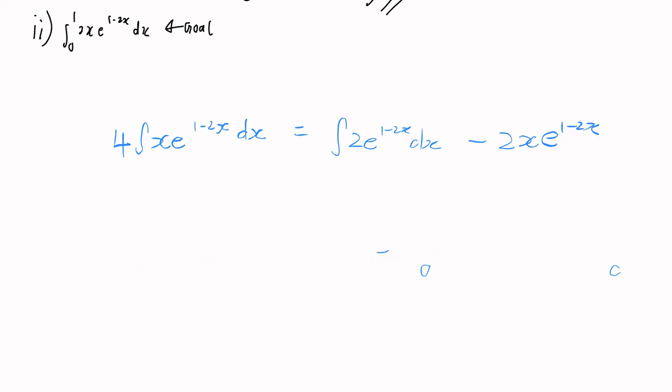From there, one trick is that 4 can be rewritten as 2 times 2. Now you can integrate it already. 2 times e to the power of... How to integrate?